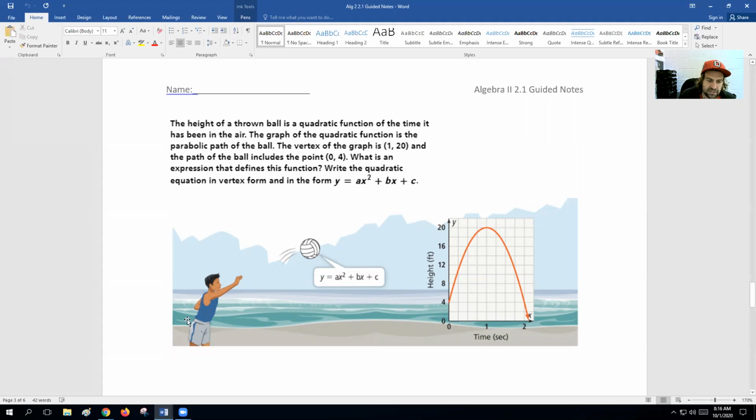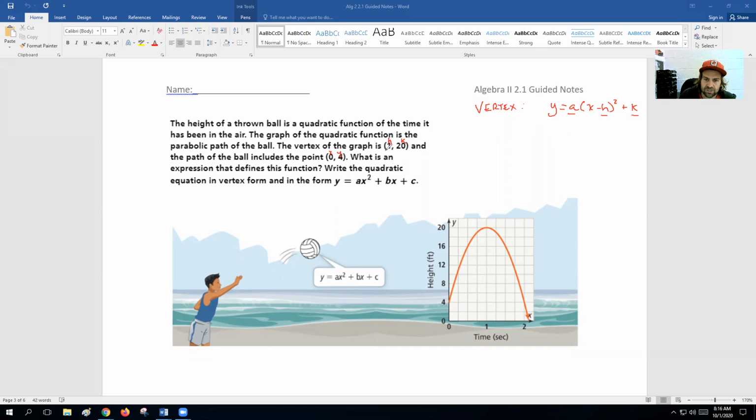So let's first do what we did yesterday, which is to get this equation into the vertex form. If we wanted to get into the vertex form, we have to use the vertex, which tells us h and k, and the point x and y. So vertex form is y equals a times (x minus h) squared plus k, where we have to find a, h, and k.